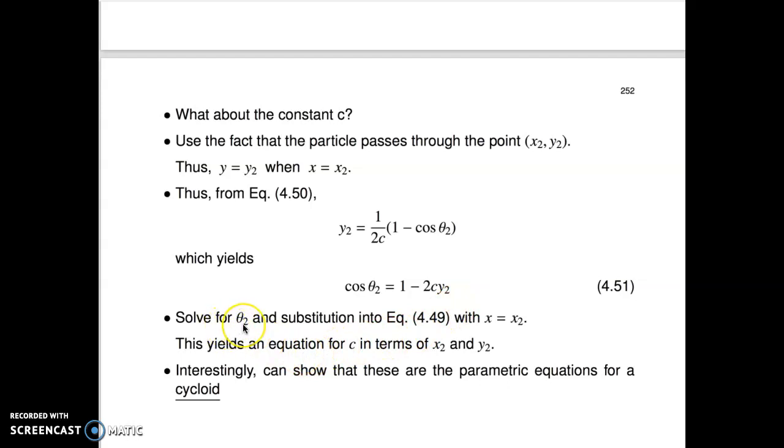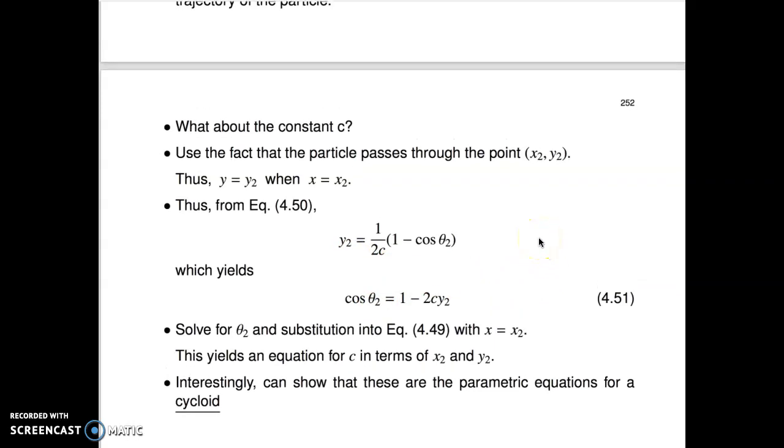And if you solve for theta 2 and substitute into equation 48 with x equals x2, which is what you're supposed to do because the subscript 2 on theta and y indicates we're referring to point number 2.